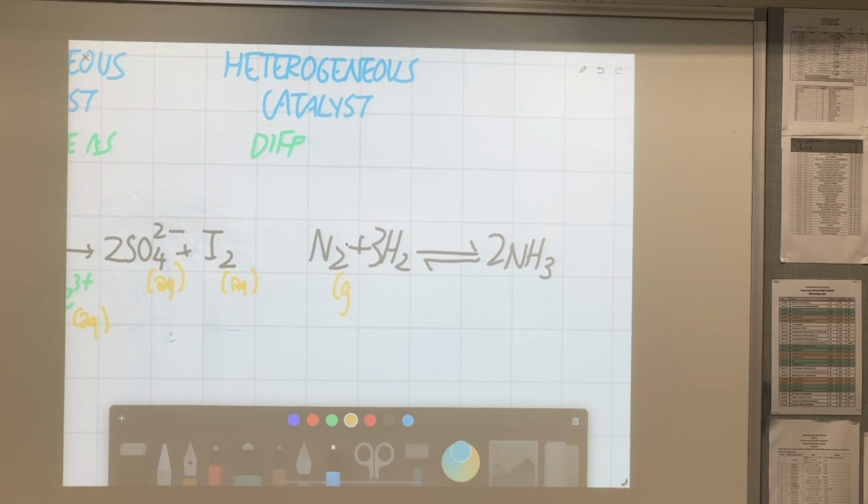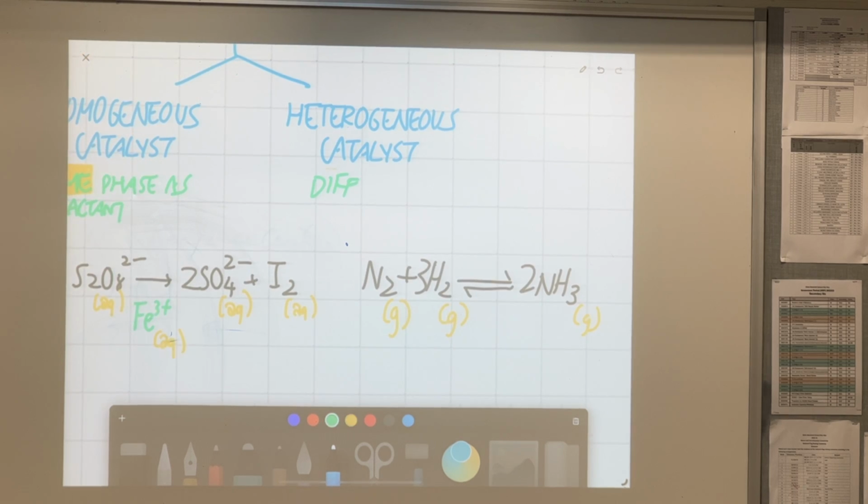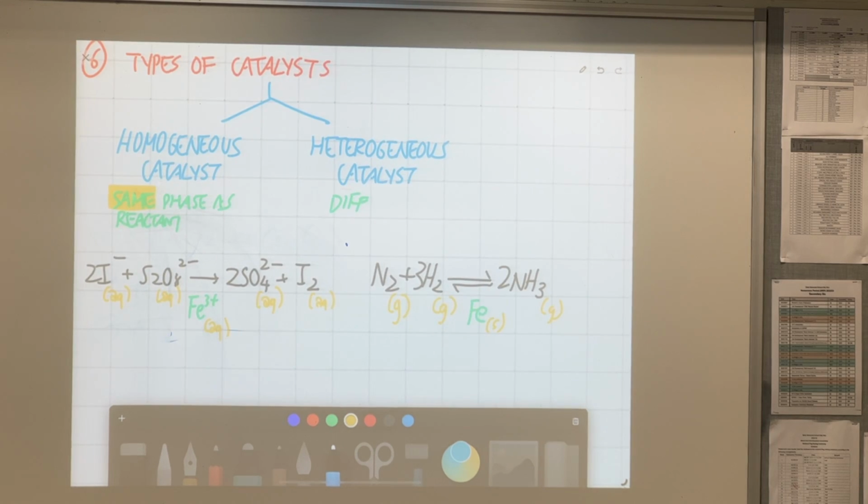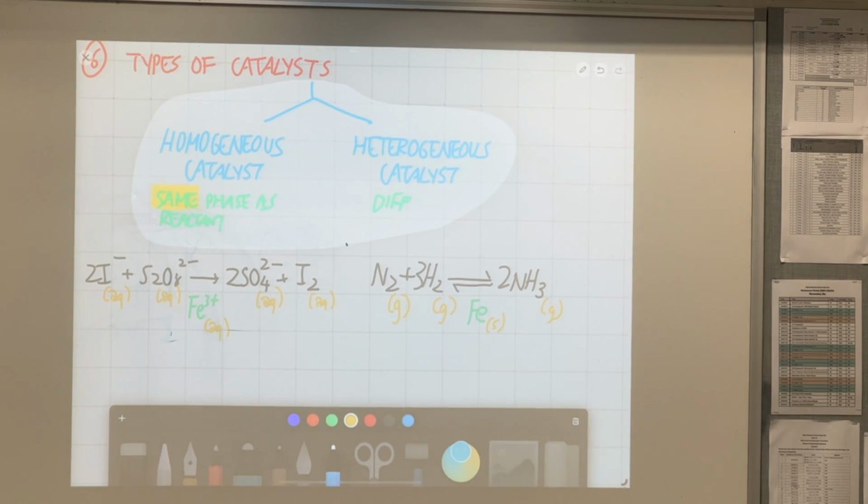You have gas, but yet the catalyst Fe is a solid. So on second thought, you see this is actually not very complicated. It's just like what you learned in equilibrium. Just that we have catalysts sometimes in the same phase as the reactant, sometimes in different states than the reactant.